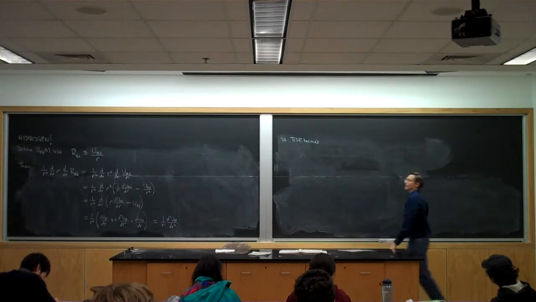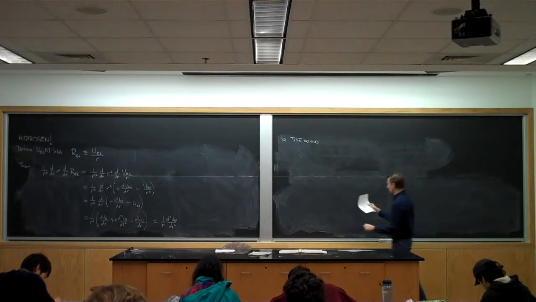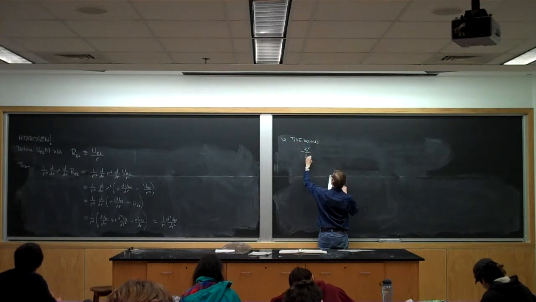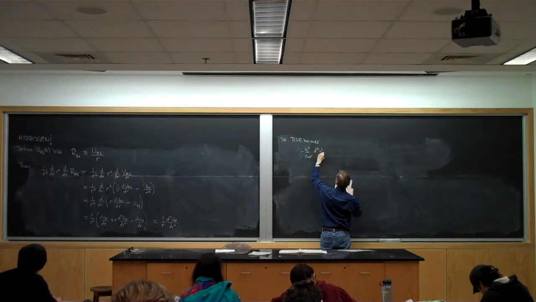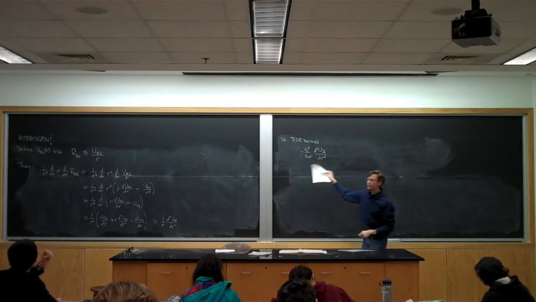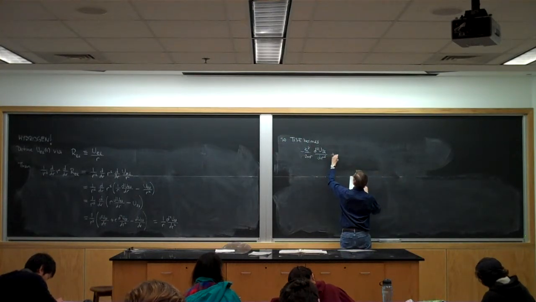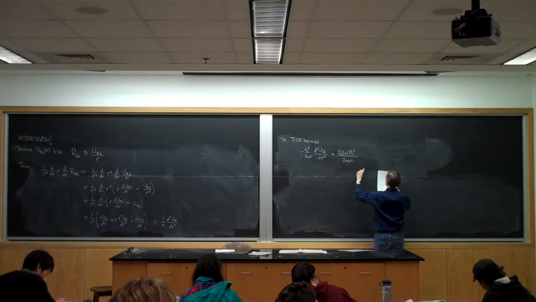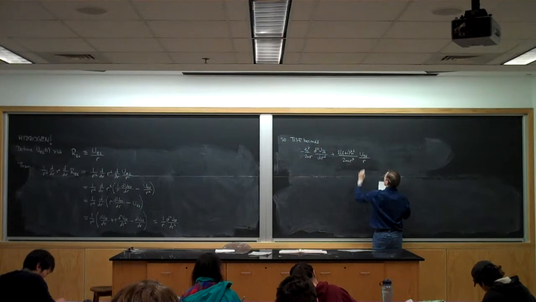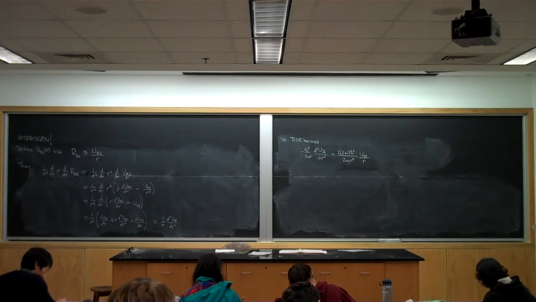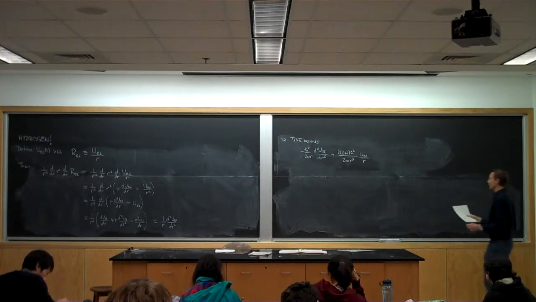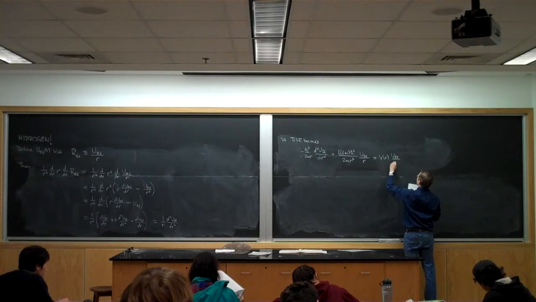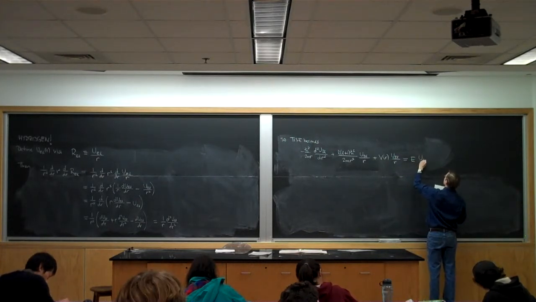For some reason I keep wanting to say ties today instead of Shrek. So Shrek or ties, take your pick, becomes minus h bar squared over 2mr times d squared u_El/dr squared, that's from the first piece, plus l(l+1) h bar squared over 2mr squared times u_El over r, because it's R_El, but that's u_El over r, so the second term I have to plug in u_El over r, plus V of r times u_El over r is equal to E times u_El over r.